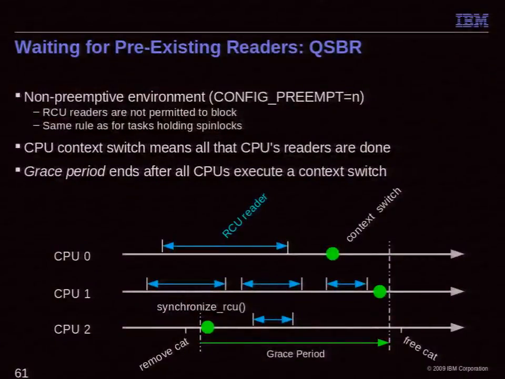Any questions on that? No, we don't. We have to wait for each CPU to do a context switch. As the number of CPUs increase, does this grace period increase dramatically? Well, it could. It depends, there's a bunch of things that happen there.